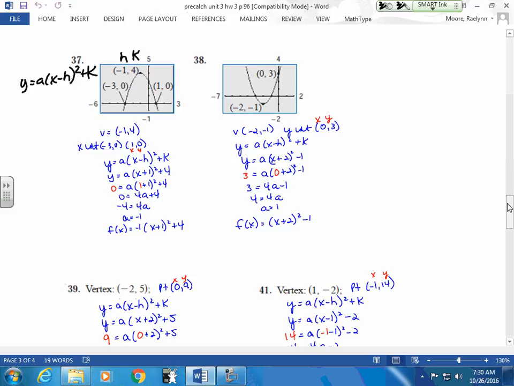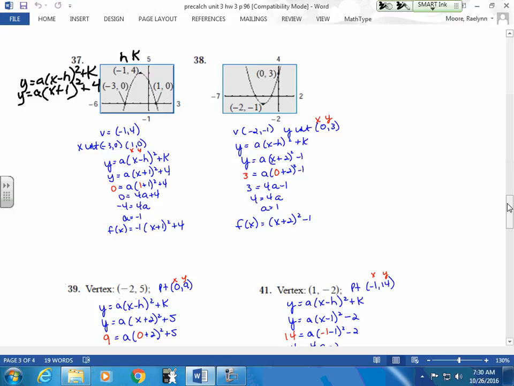When I plug in negative 1 for h, what does this become inside here? Positive 1. Good. They didn't tell me what a is. But what's k? 4. So again, I know I'm opening down, so a must be negative. So it can't be a 1. I can't just automatically put a 1 there.